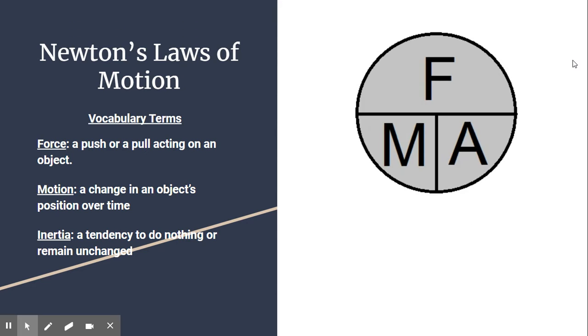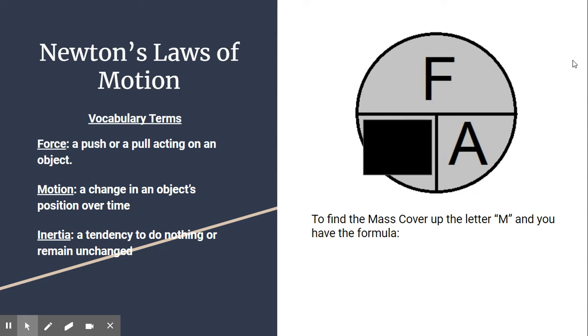If you were trying to find out the mass of an object that is traveling at a certain acceleration and force, you can use this same diagram to come up with that. You cover up the letter m, and you're left with the formula F on top of a. That is set up like a fraction, and that means to divide.